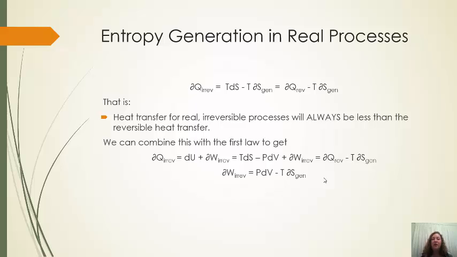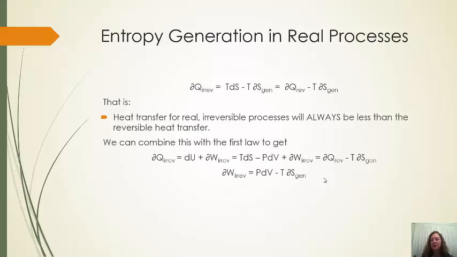And we know that the heat transfer for real irreversible processes has to be less than the reversible heat transfer. You put all these things together with the first law, and we find that the real work change is PdV minus TdS generated.